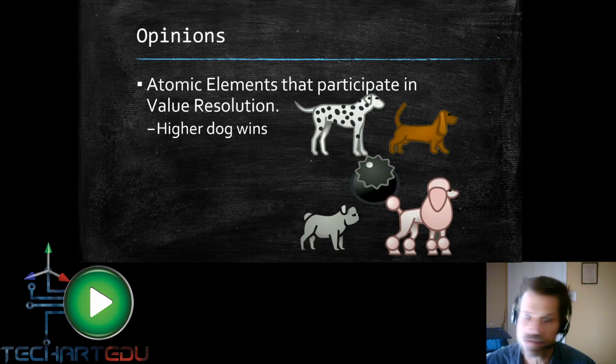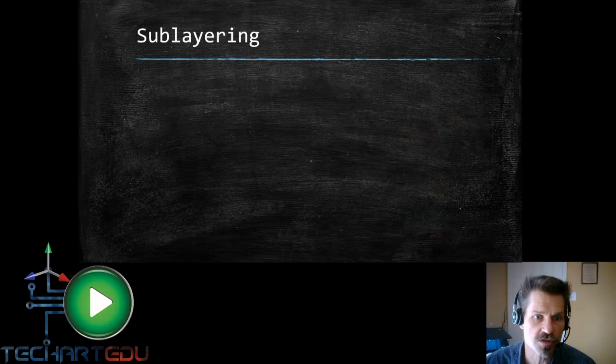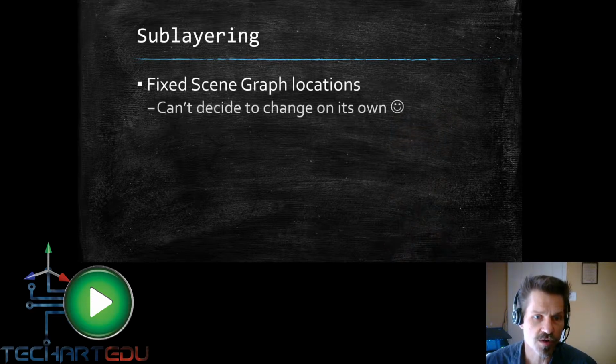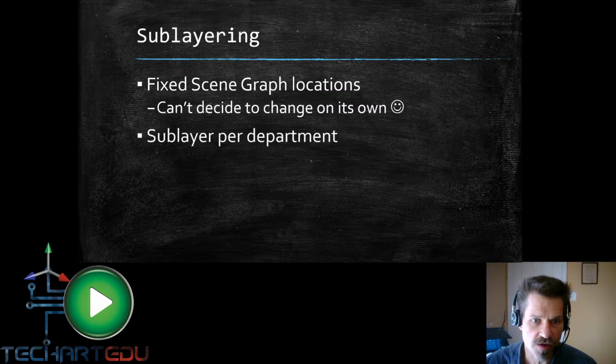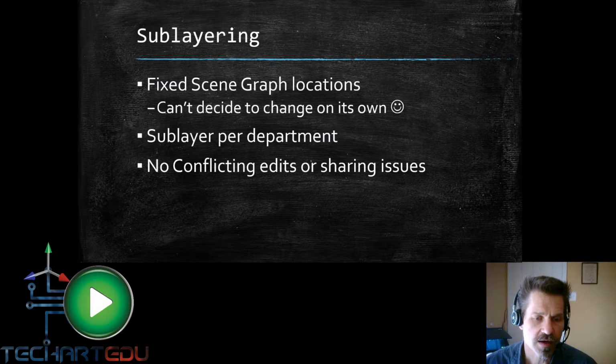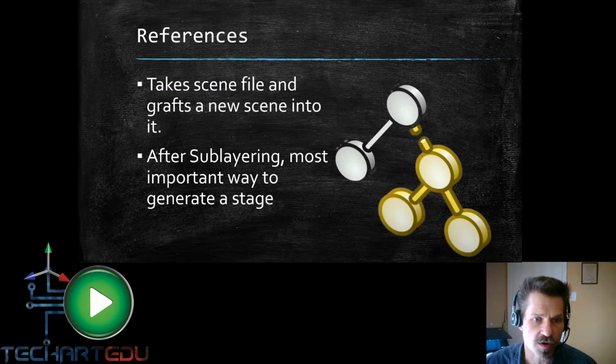But that does not necessarily have to happen, and it can be adjusted. So that's where it's really cool. Now, sublayering is where you can get fixed scene graph locations, and you can put one sublayer per department. And once again, your department is guaranteed not to be clobbering the work of another.